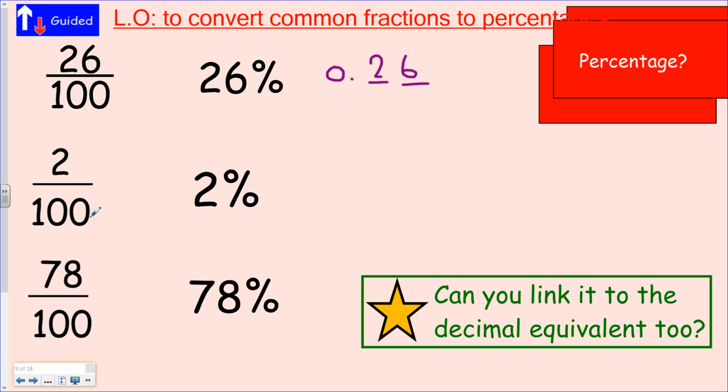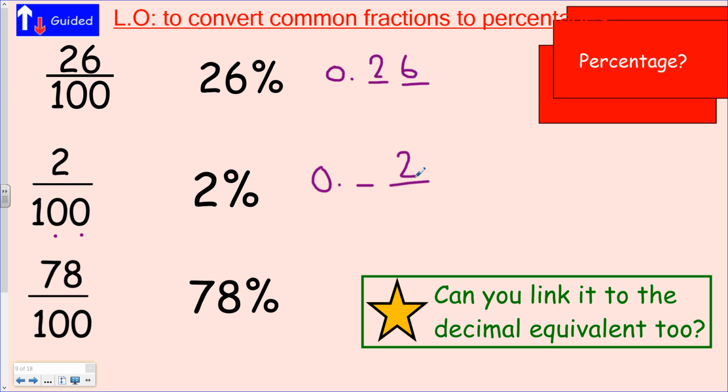Okay. Next one is 2%. The denominator is 100, which has 2 decimal places, so 0 point something something, but the number should be 2. Okay, so if I put a 2 here, that's going to make that 0.20. That's going to make that number 20, so that's incorrect. It needs to be a 2, so I'm going to put 0.